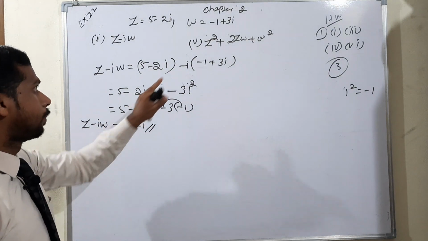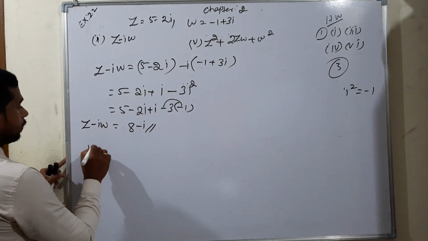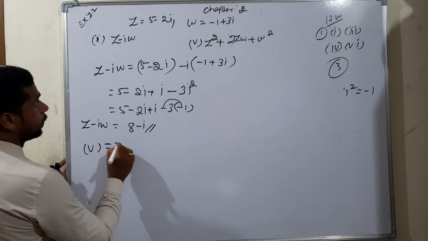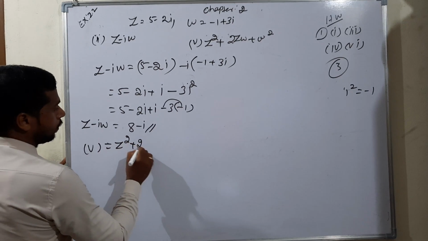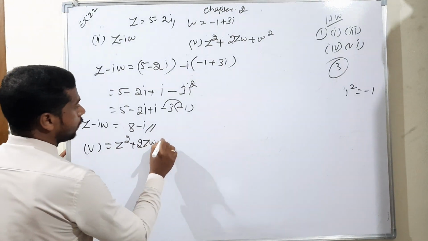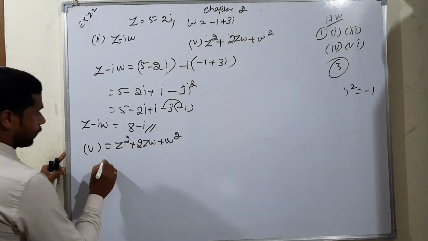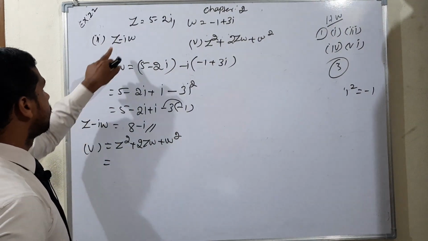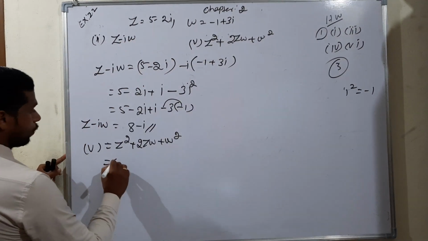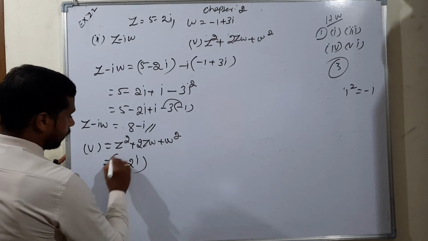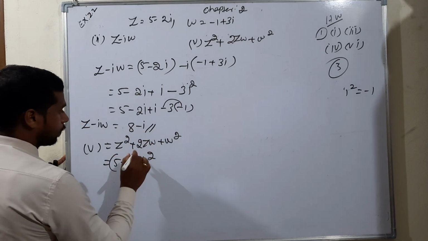I am moving to subdivision 5. Question: Z square plus 2ZW plus W square. So Z square, Z is equal to what is the value? 5 minus 2i, so 5 minus 2i the whole square.